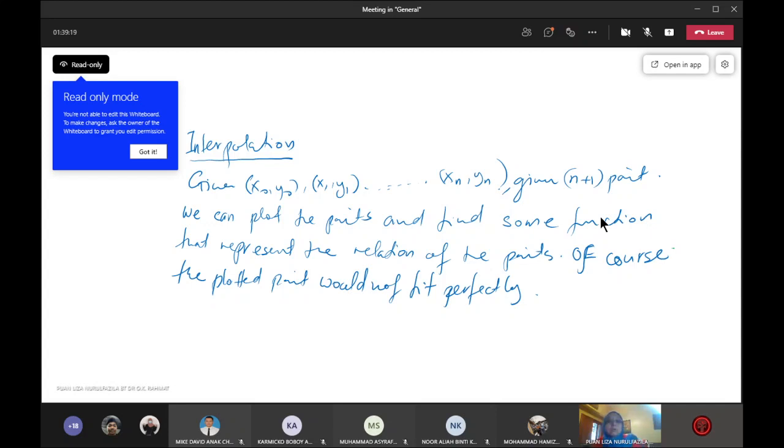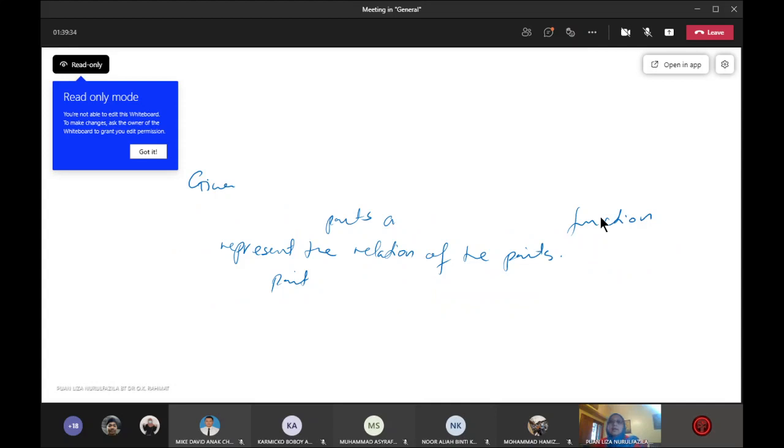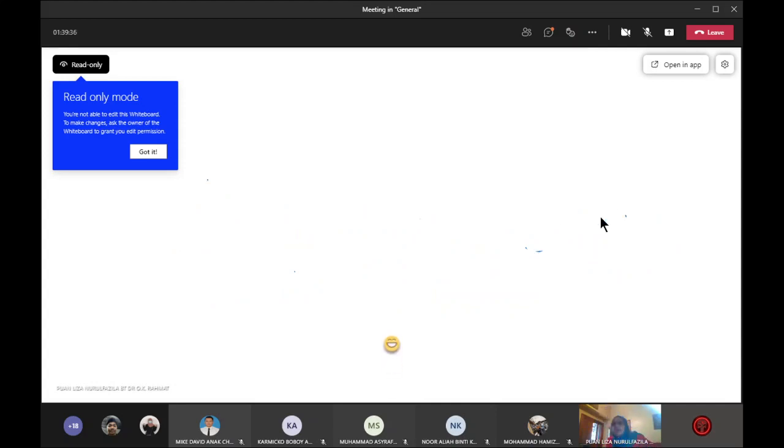Okay, so for example, you wouldn't have a graph that fit perfectly. That is impossible, because in real life, even though you can say that you have a one-to-one mapping.